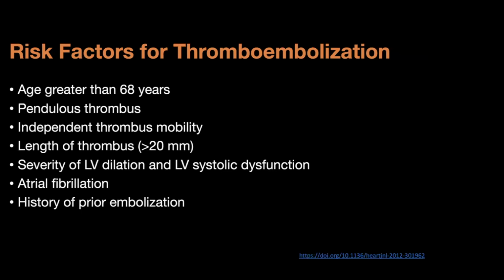Generally speaking, it's patients who are older, with larger thrombus burdens. At least the length of the thrombus is more important than the size necessarily, of about over 2 centimeters. The severity of the LV dilatation, LV systolic dysfunction, and then if there's any pendulous aspects or independent mobility, which this patient did have for both.